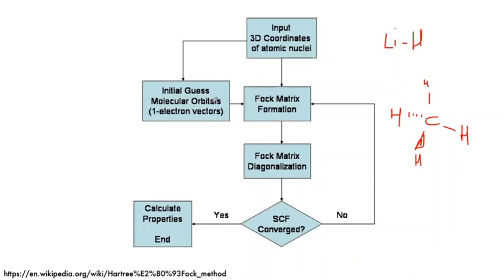The initial guess is then made based on the molecular orbitals. So this is where our one electron vectors come in. You remember we separated everything out as a product of all of the available electrons or wave functions. Then we formulate the Slater determinant matrix. Then it calculates through that, basically. It diagonalizes. It basically calculates the answer to the matrix. And then it checks if the SCF has converged.